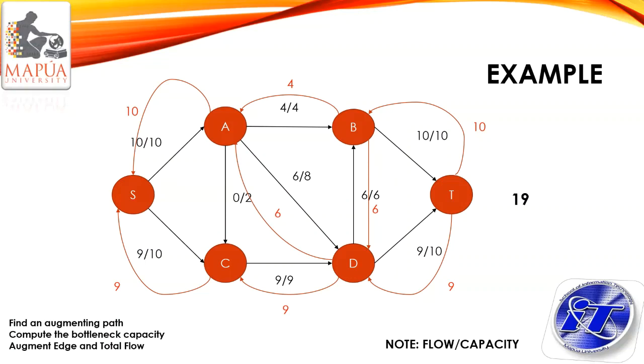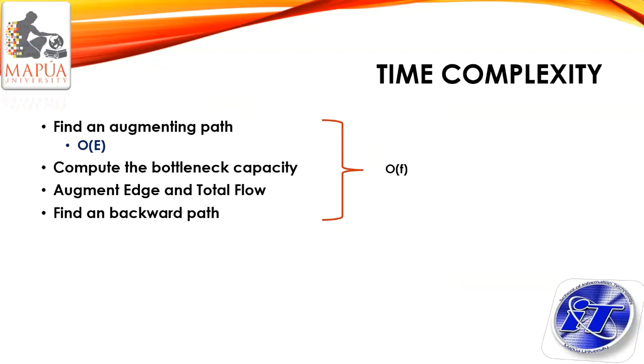Okay, so that's for the algorithm. So what is the time complexity? Finding an augmenting path, our big O notation is E, and all of these steps are basically based on F, wherein F is the flow.